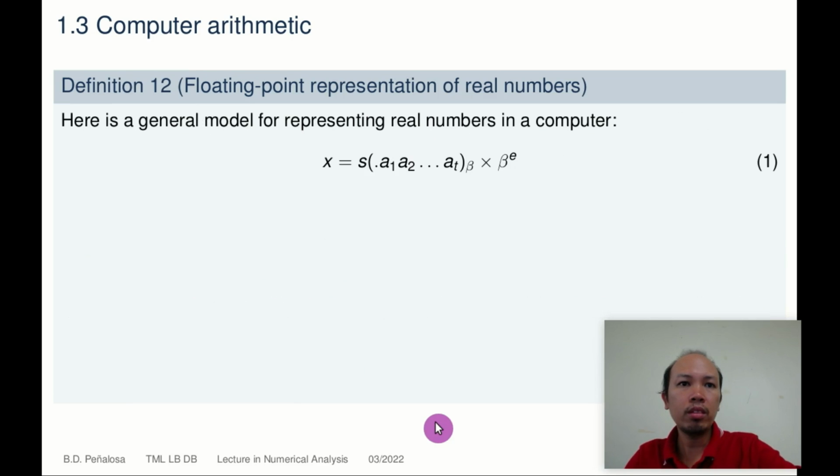So this is the general model for representing real numbers in a computer. This is what we call the floating point representation of real numbers. If you have a real number x, you can represent this in this form for any base. Since our computer today uses only 2 digits, which are 0 and 1, our beta here will be 2.